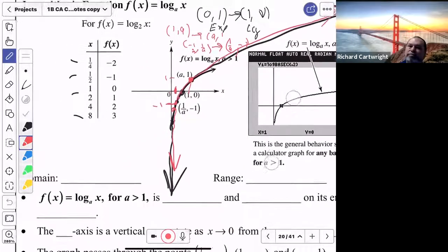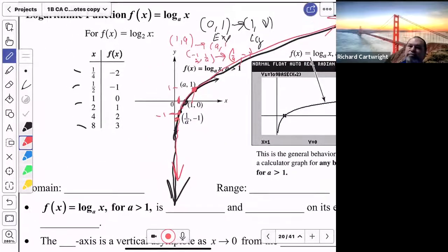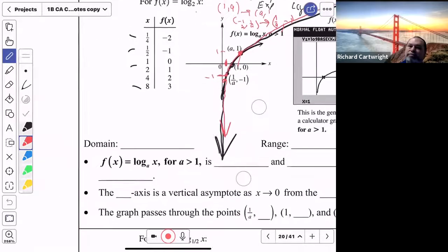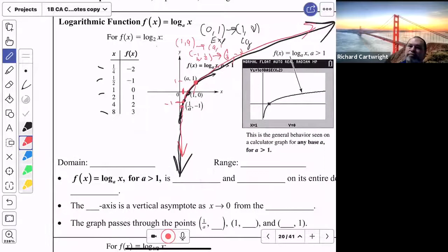So there's your parent. I don't care if it's log base 2, log base 5, as long as a is a positive number, okay? So just look at that picture, a domain. The domain is what the exponential's range was. If you remember, the exponential range went from 0 to infinity.